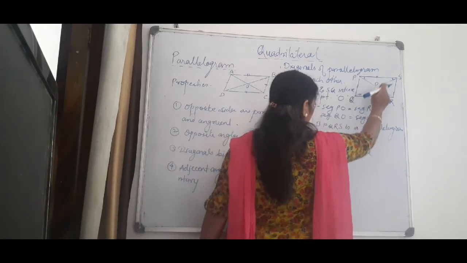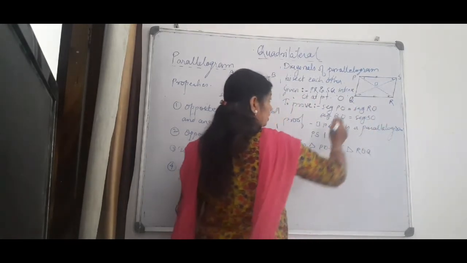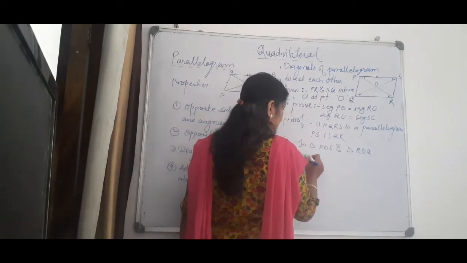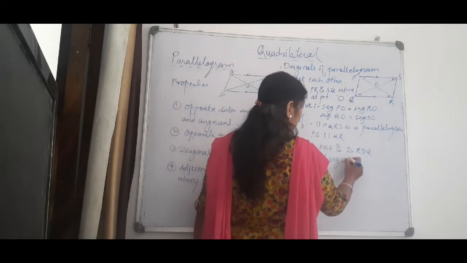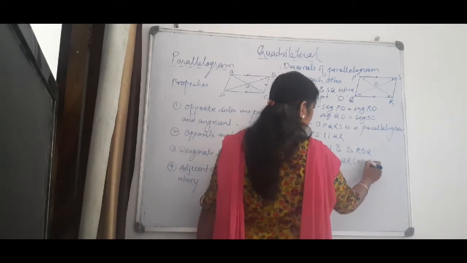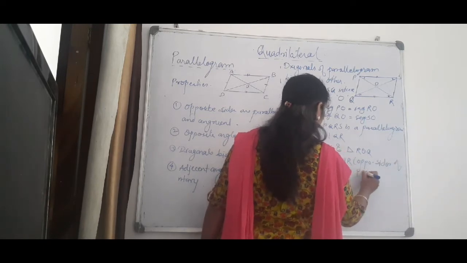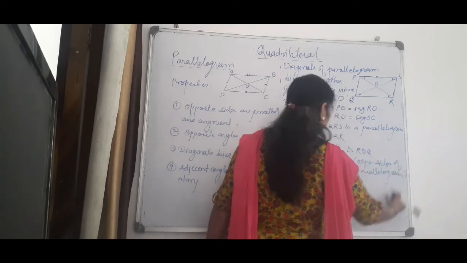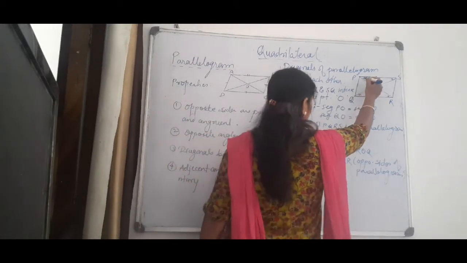These two triangles you have to consider. POS, ROQ. Now see here what is given here? Segment PS is congruent to segment QR. What is the reason? Opposite sides of a parallelogram.